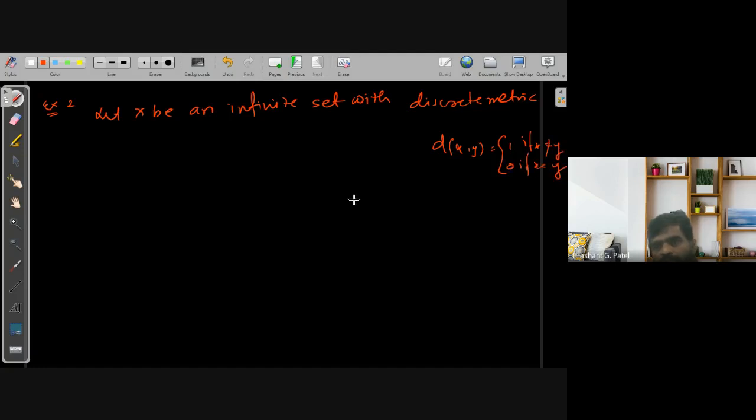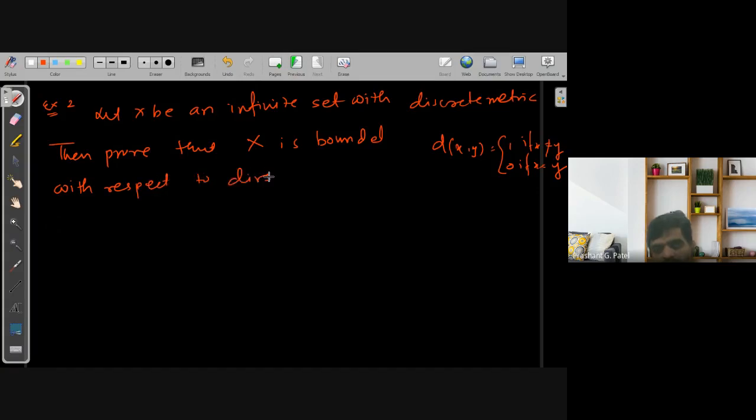That we know. Then prove that X is bounded with respect to the discrete metric, but it is not totally bounded.